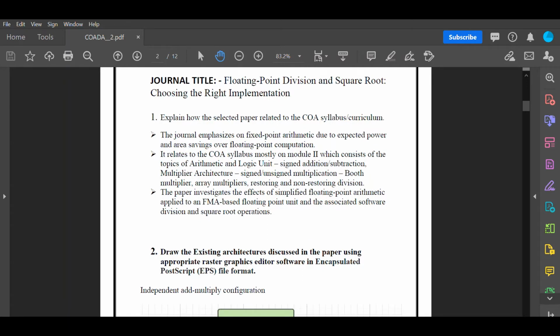So the first question is to explain how the selected paper relates to the COA syllabus or curriculum. The journal emphasizes fixed point arithmetic due to expected power and area saving over floating point computation. It relates to the COA syllabus mostly on Module 2, which consists of the topics of arithmetic and logic unit, signed addition and subtraction, multiplier architecture, signed and unsigned multiplication, Booth multiplier, array multipliers, restoring and non-restoring division.